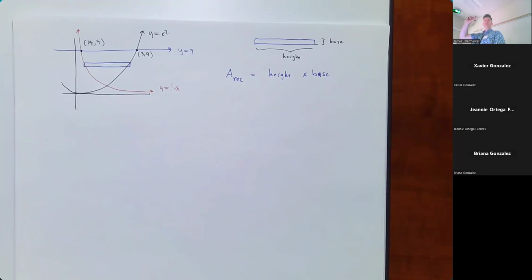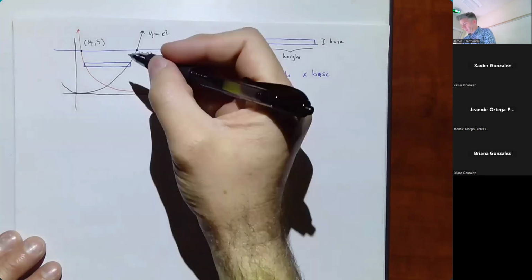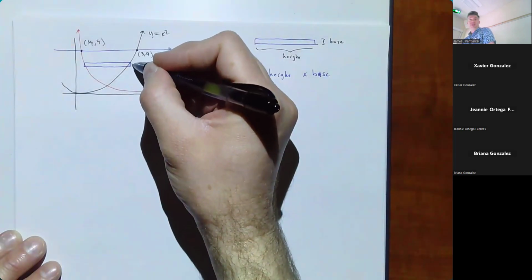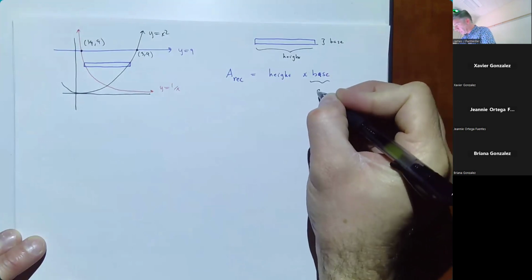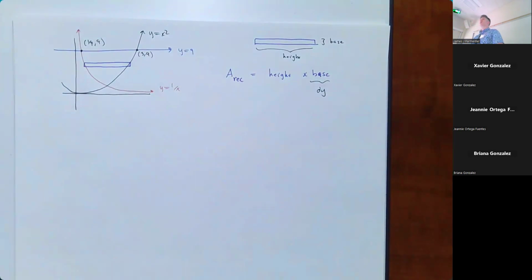It's a small change in y, right? That's a little change up and down. It's a change in y. So my base here is really dy. And that's always going to be true when you're drawing a horizontal rectangle, you're going to have your base being dy. We're going to be using dy.